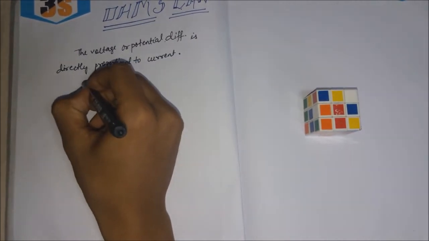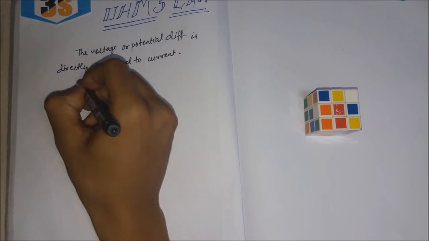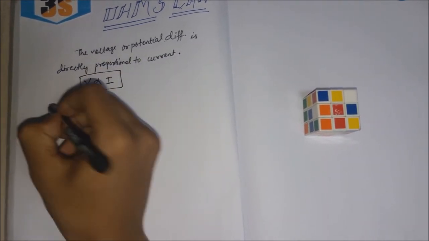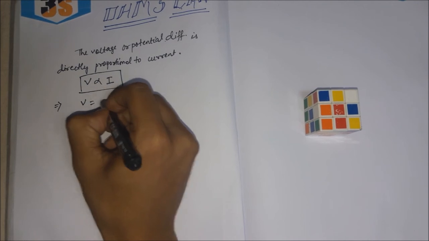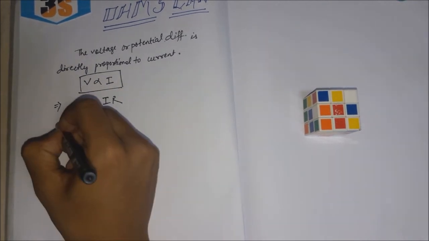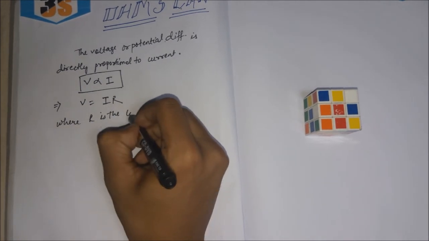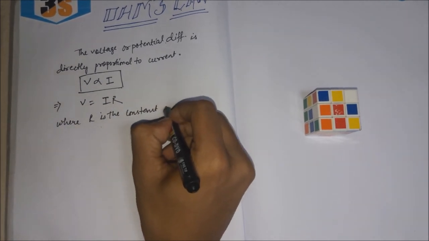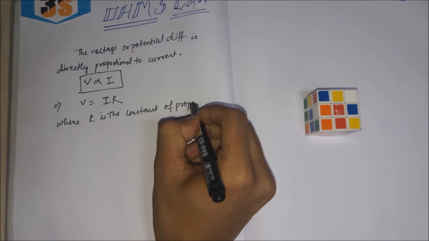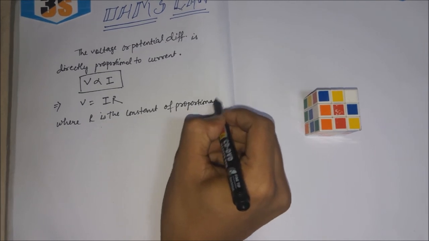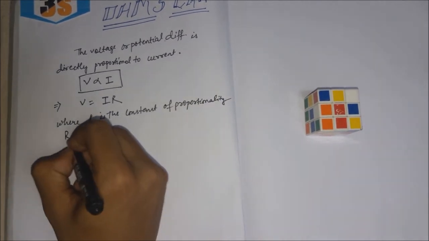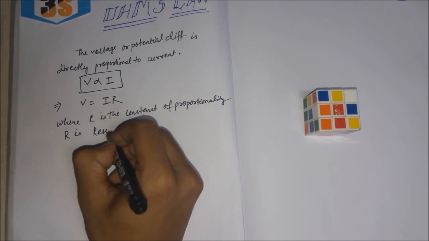So symbolically we can represent it as V proportional to I. We can write it as V equals I into R, where R is the constant of proportionality and R is known as the resistance.